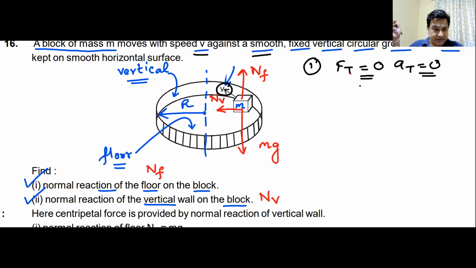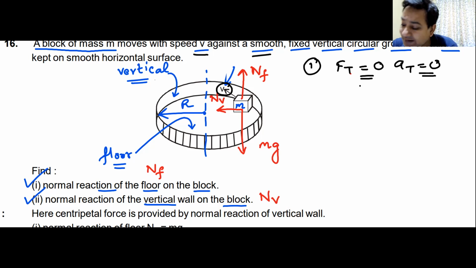This equation just tells us that it will keep on moving with the same constant velocity and nothing will happen. This is just for your information. You are not going to solve the question using this equation because it does not give us any relevant equation.